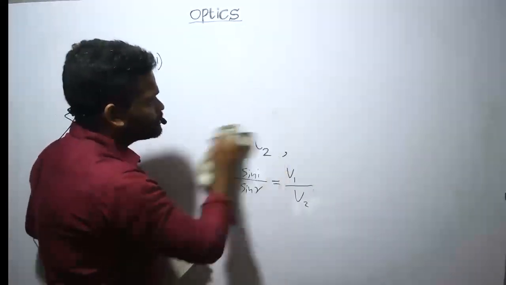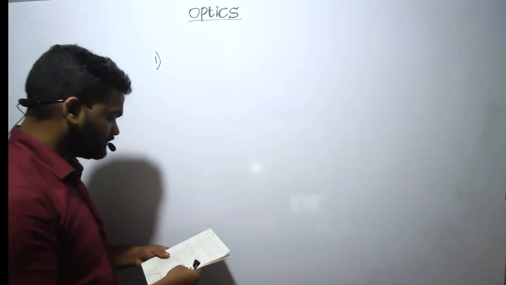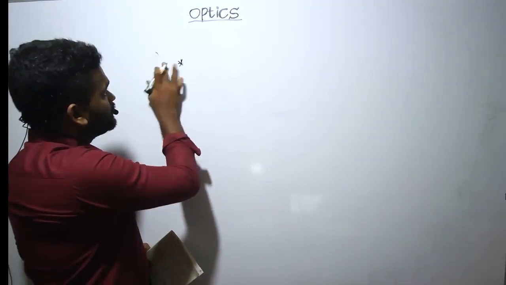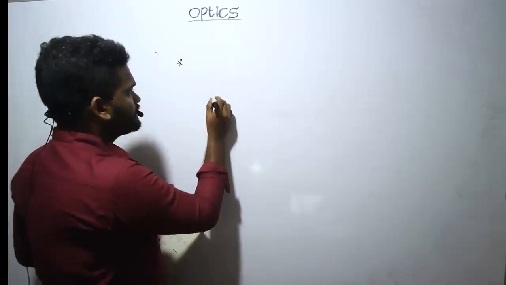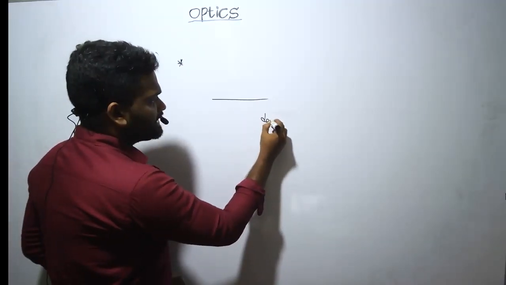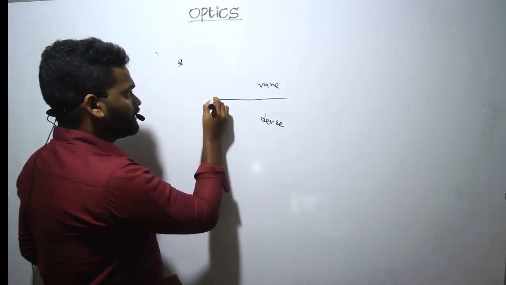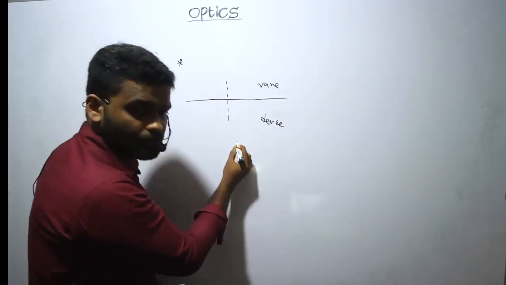Then let's consider two cases to apply this. At this side of the book you can write this diagram. Let's say here you have the dense, here you have the rare, and you always have to draw this normal.